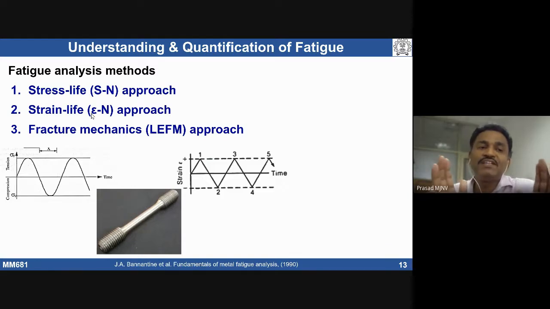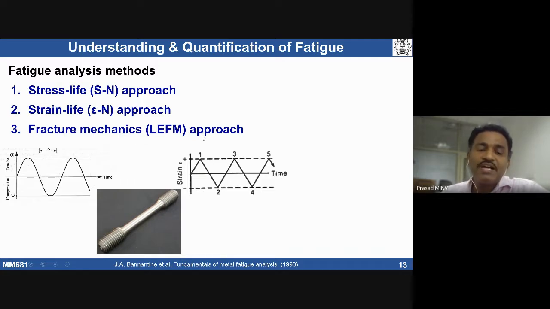That means we define the stress limits or strain limits, subject the material to a certain number of cycles, and see whether a crack has been initiated and how it has propagated. So one can establish the total number of cycles required for the material to fail under a given set of strain or stress conditions.